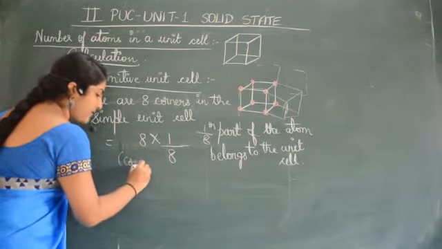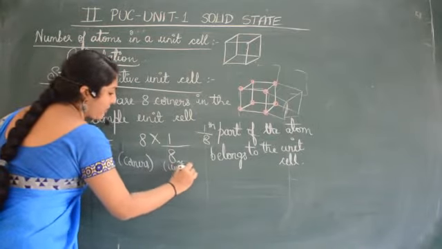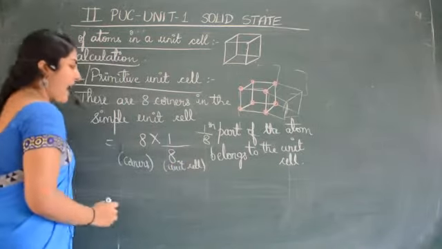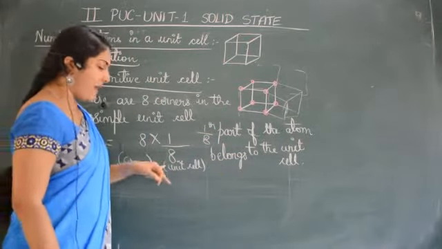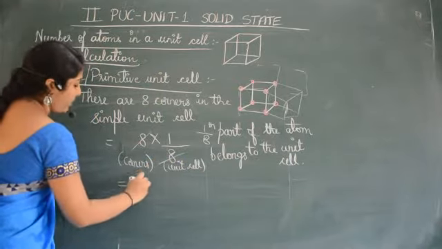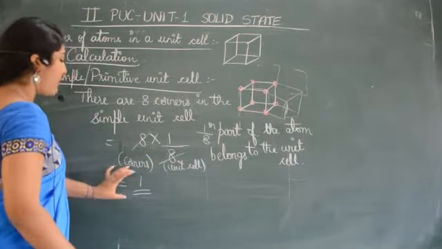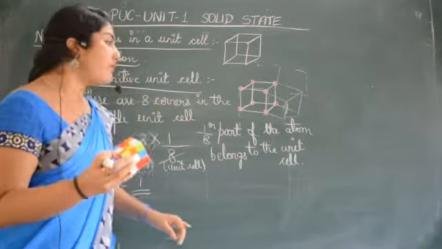Corners. This is about the unit cell: how much fraction of the atom we have for one particular unit cell. 8 corners into 1 by 8. How much will be the answer? It will be 1. Therefore, the number of atoms in a simple unit cell or primitive unit cell is 1.